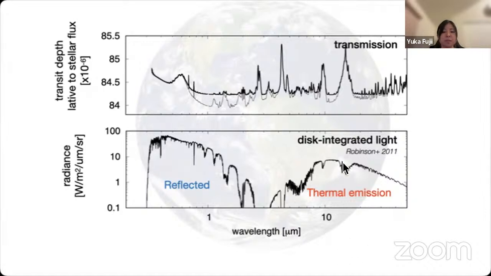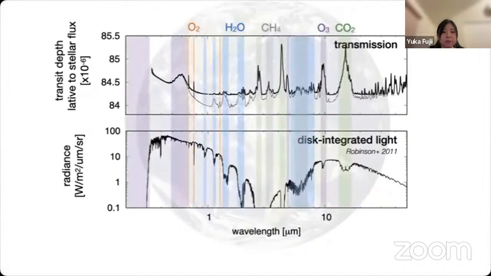And in the mid-infrared, you will see thermal emission from the planet. In these spectra, we can see fingerprints of several atmospheric molecules. One of the strongest features comes from CO2 in the case of Earth's atmosphere, and here you can see it both in transmission and in the emission spectra.